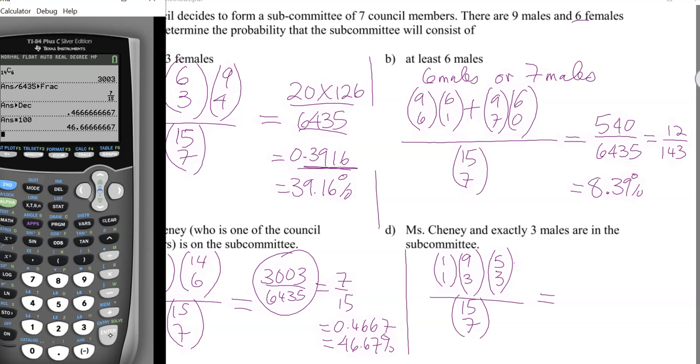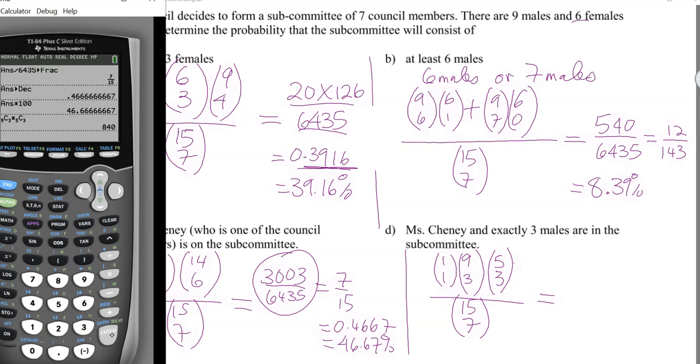1 choose 1 is just 1, right? So we need 9, math, choose 3, and remember to kick up there, times 5, math, choose 3. Oops, I wiped out the whole thing. 9, math, choose 3, times 5, math, choose 3.